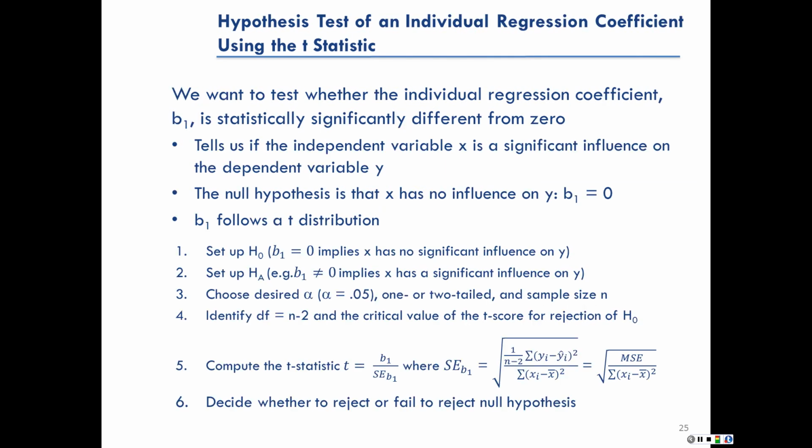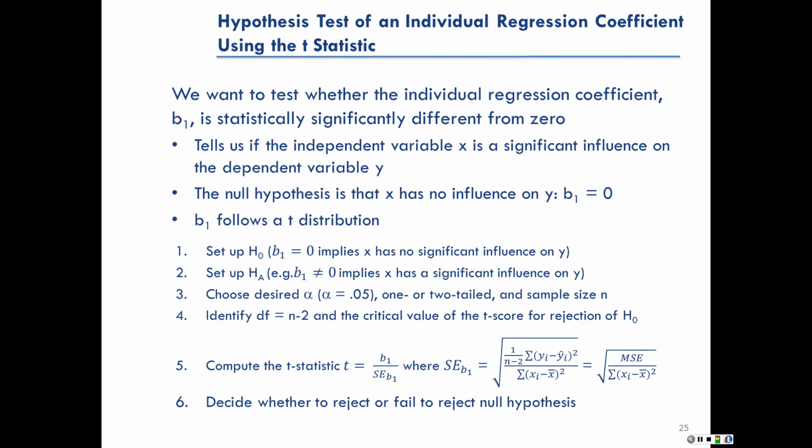Okay, so there's another hypothesis test that we use in regression models. This is where we're testing each individual regression coefficient, and so we're using the T statistic. Now in our case, we're doing simple linear regression, so we only have one variable x, one regression coefficient.